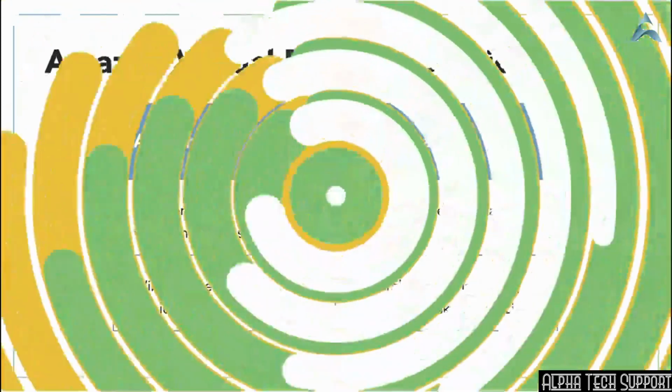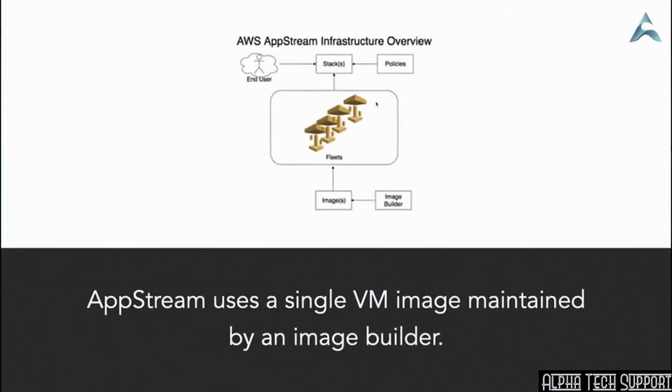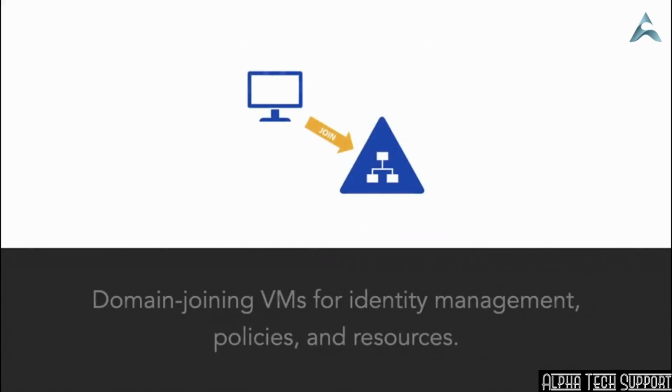One thing you may find better about AppStream is that since you have a single machine image to maintain, it's easier to enforce compliance as opposed to Workspaces where you have users that have flexibility about what to update and when to do it, just like a regular desktop computer. Domain joining is more intuitive in Workspaces since it was made for that purpose. It is possible to do it on AppStream, just not as simple.